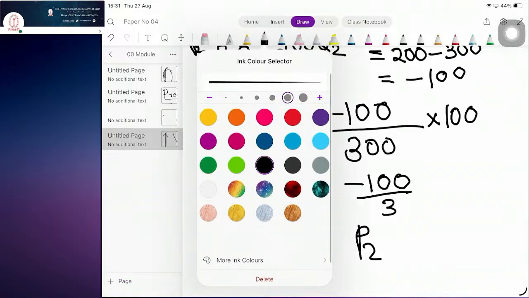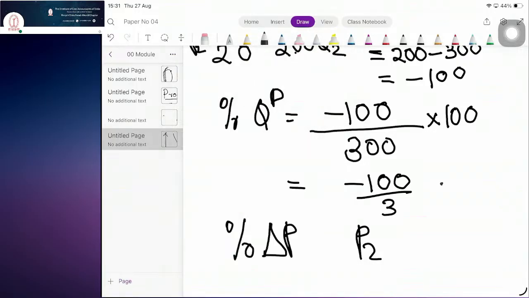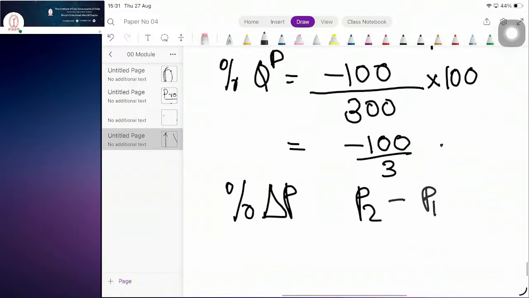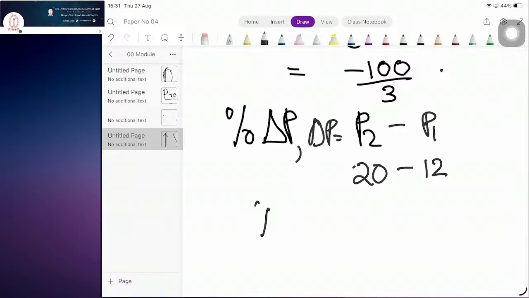Delta P is P2 minus P1. This is delta P. 20 minus 12. Okay, so calculate now the percentage change in price.